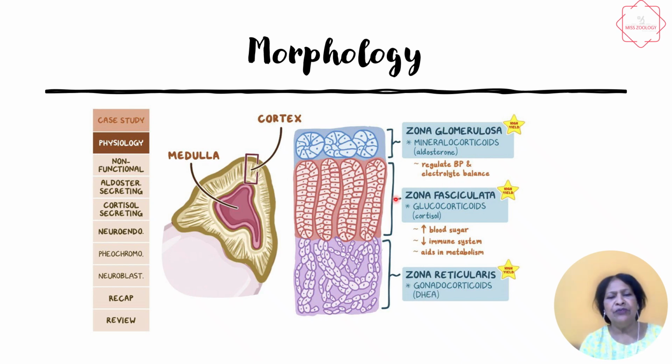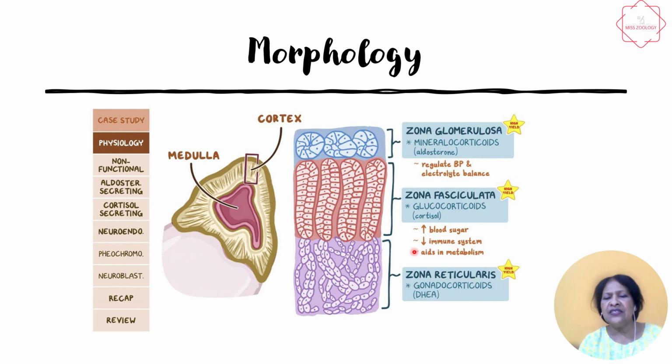The next middle layer amongst the cortical cells of adrenal secretes glucocorticoids, which is otherwise called cortisol. This also helps to maintain the blood sugar level in accordance with the insulin and its function.